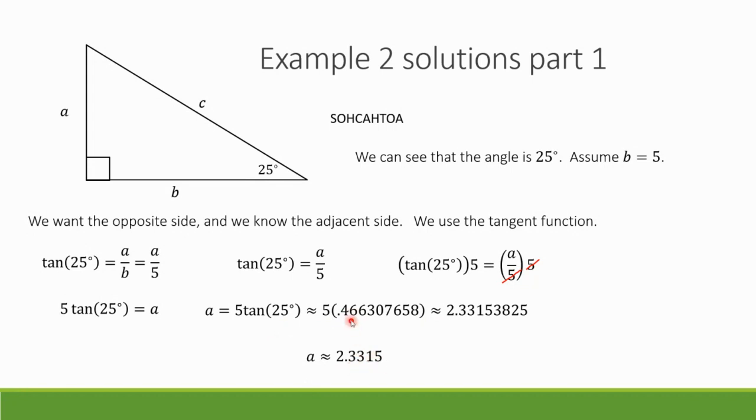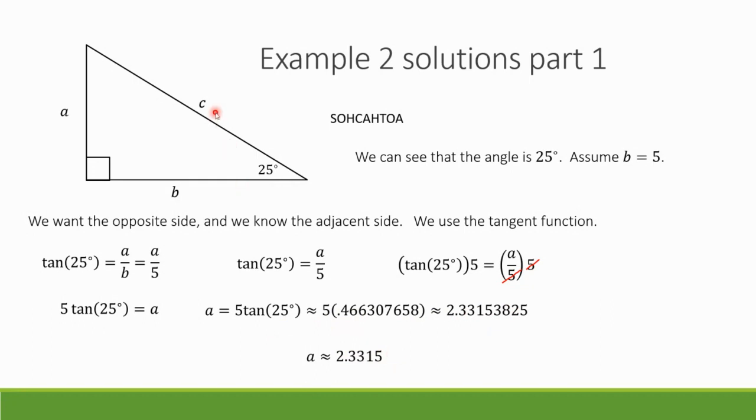I used 4 here, but in the calculation I used way more, I think 9. You want to use more than what I tell you to round to in the end. So you multiply this by 5, and the answer is 2.3315. That's what A is.